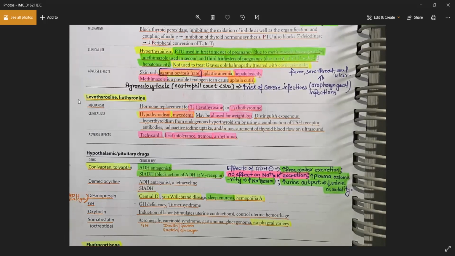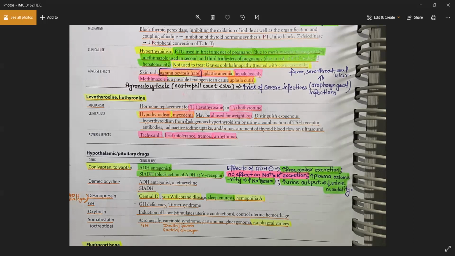Then comes the treatment for hypothyroidism, which is a replacement therapy, hormone replacement therapy. These are levothyroxine and liothyronine: levothyroxine for the thyroxine hormone T4, and liothyronine for T3. They're very useful for hypothyroidism, for myxedema. Why?